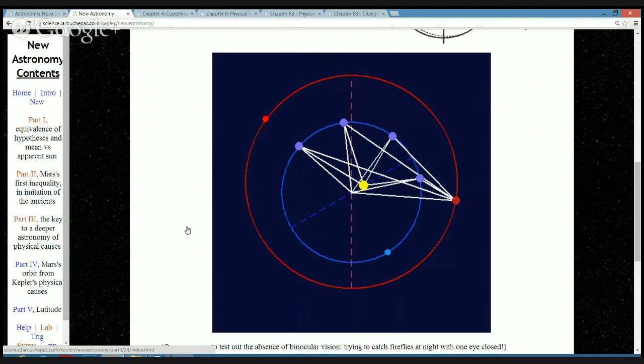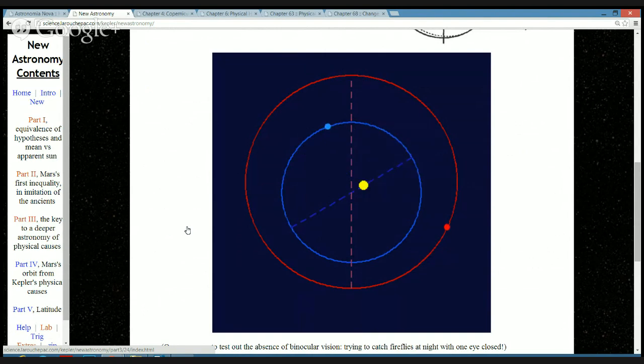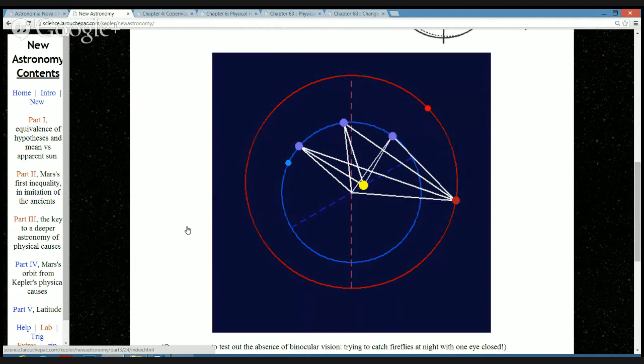What Kepler first does is use Tycho Brahe's vicarious hypothesis, or rather what Longomontanus had worked out. And he assumes that spot in the middle next to the Sun is the mean Sun. He knows where the mean Sun sees Mars, he knows where the Earth sees Mars, and he puts all these triangles together, and he's able to figure out what is the center of the circle that the Earth moves around.